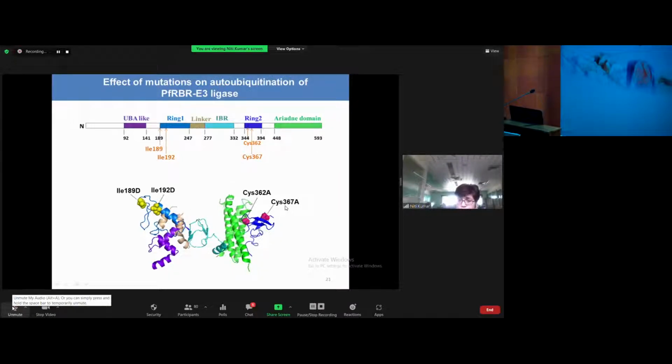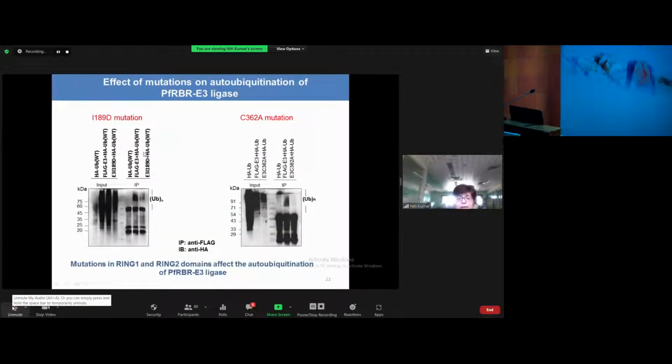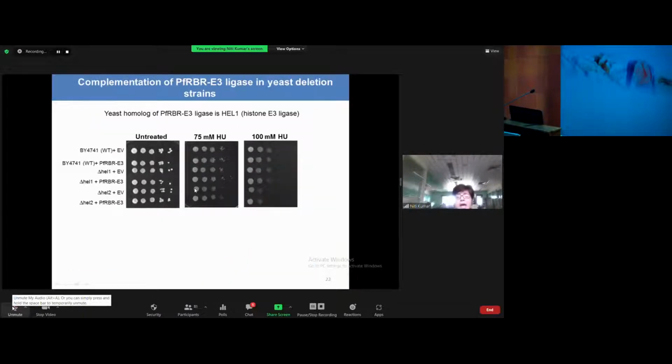These were the mutations that we investigated, and we found that point mutations in either RING1 or RING2 abrogated its polyubiquitination activity, suggesting that these positions are very critical for the autoubiquitination activity of the E3 ligase.